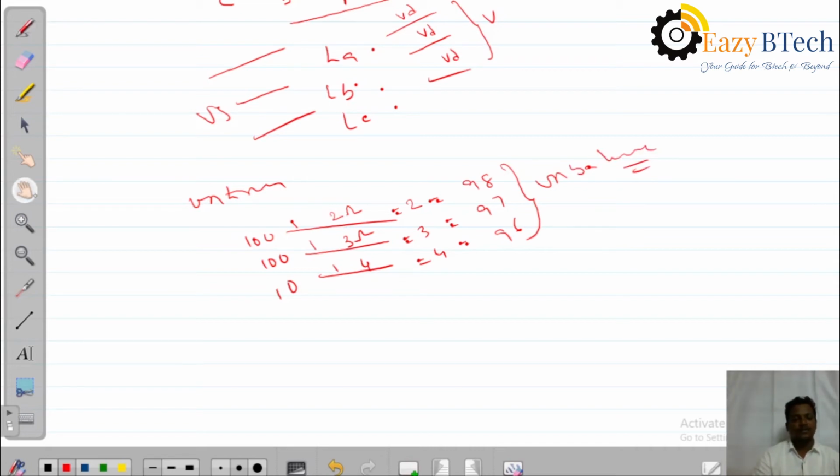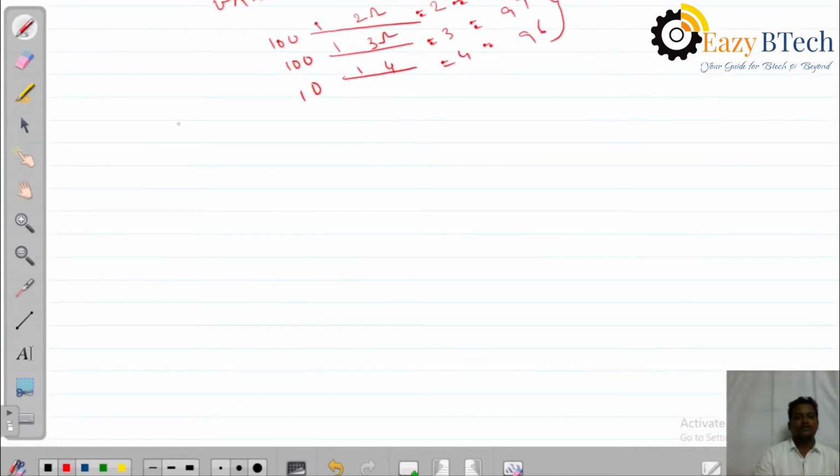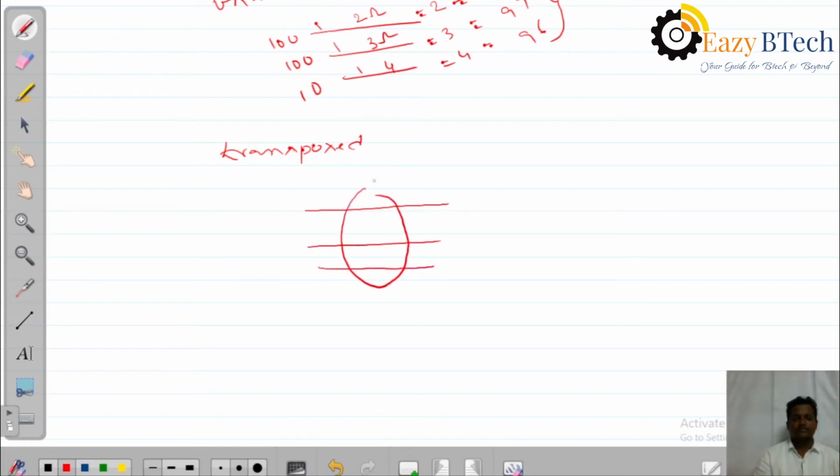Now, with the transposed system, assume that it is a transposed one. Transposed one means all three conductors occupy all three positions.